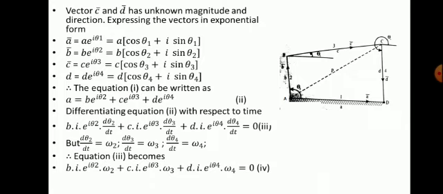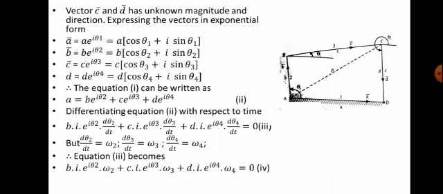Therefore, equation 1 can be written as B e^(i theta 2) plus C e^(i theta 3) plus D e^(i theta 4) equals A. This is the second equation.